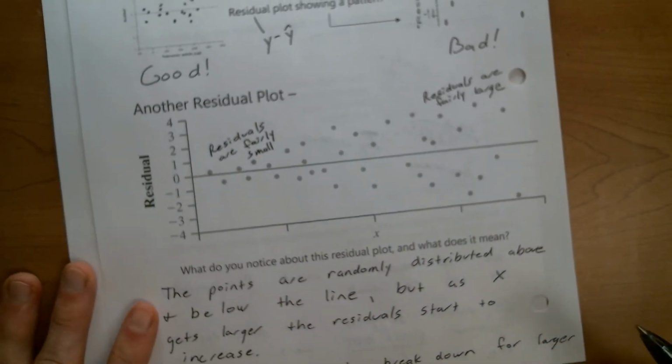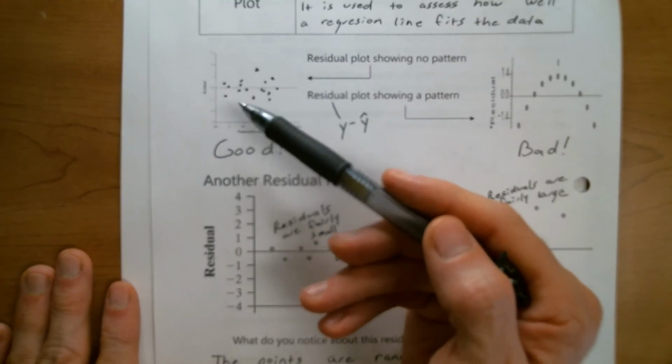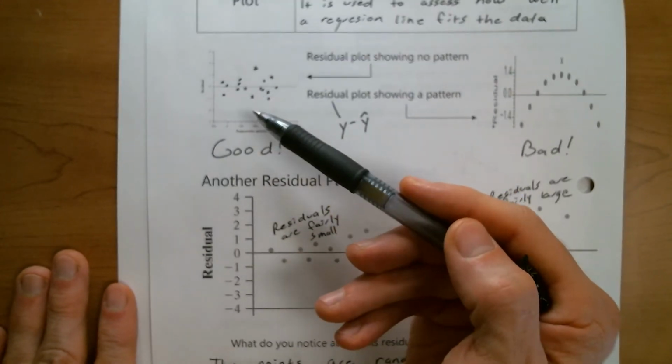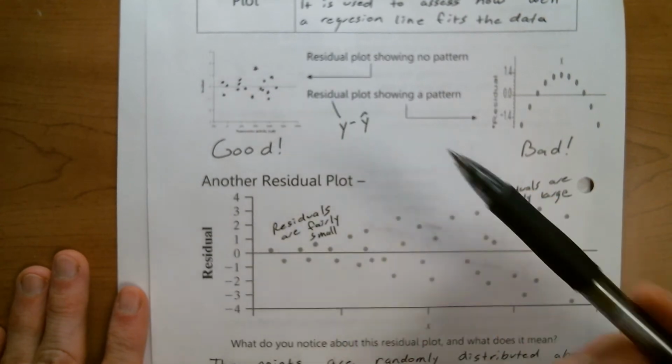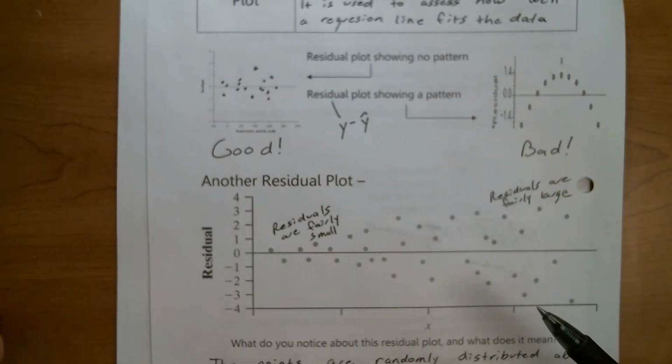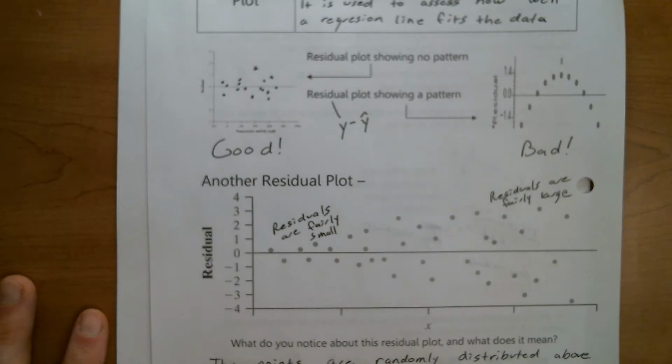The ideal residual plot has no pattern. It's random above and below, and it's random how big and how small the residuals are. Basically, while looking at the residuals, you should be able to get no insight about how well your model is going to do. You shouldn't be able to say, oh, my model is going to do really well in this section and really badly in that section.